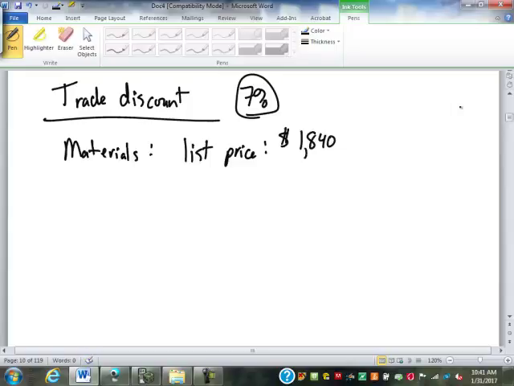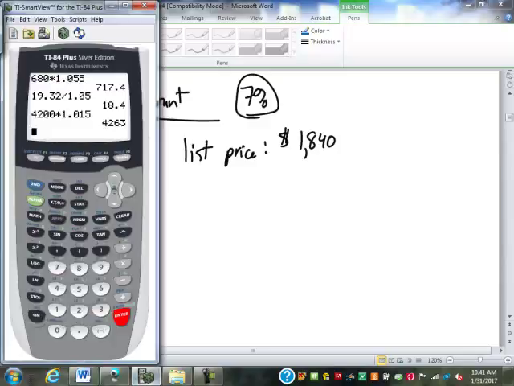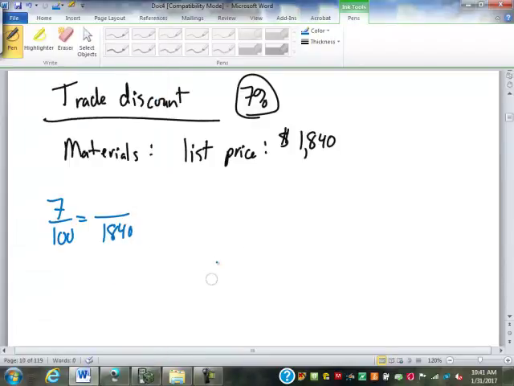How much are you going to pay for those? Well, again, we could find the 7% of 1,840. So 7% of 1,840 comes out to be what? $128.80. That'd be your discount. But again, that's not our answer, is it?